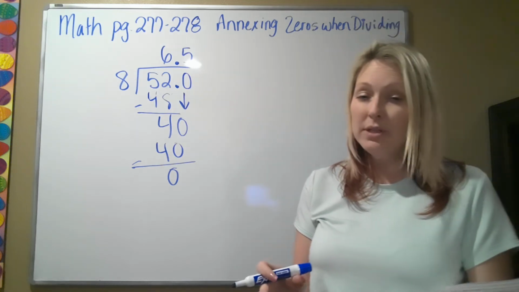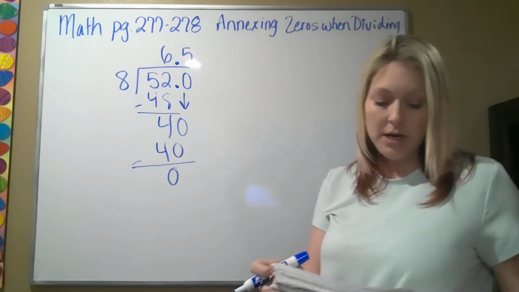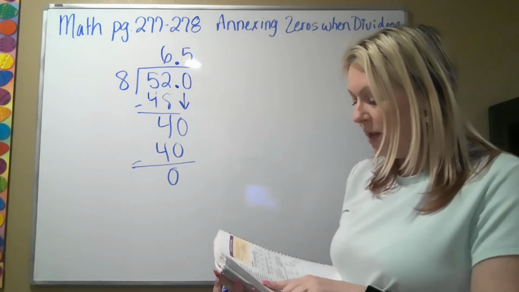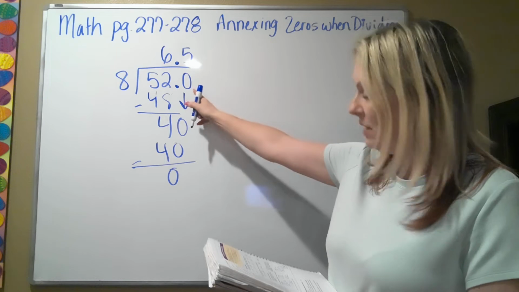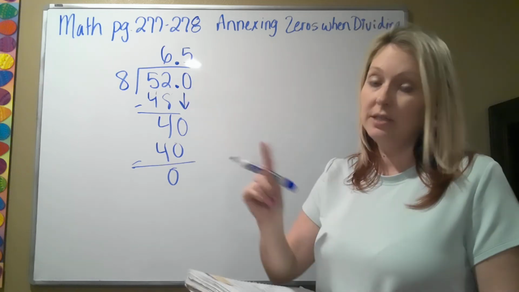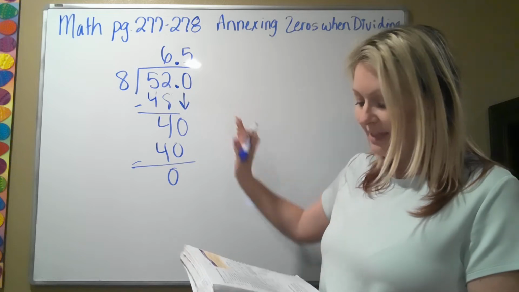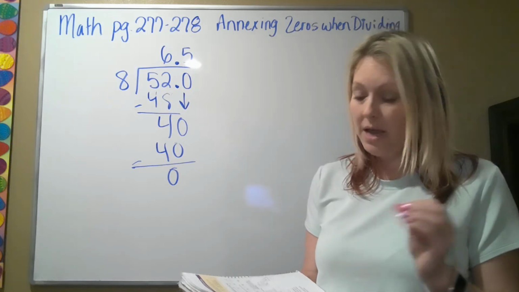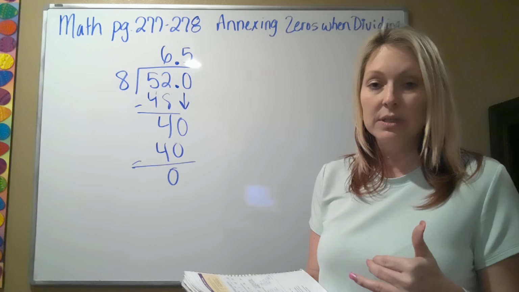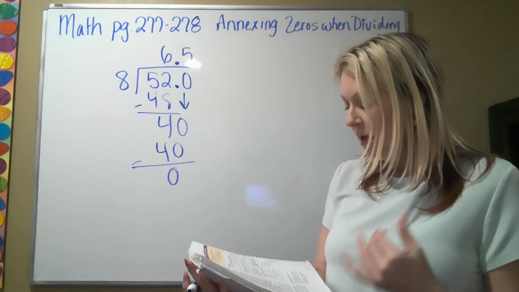Okay, see how this is working now? Let me try another one. Remember that we can place a decimal point after the number because it doesn't change the value, and all the numbers after the decimal place have to be 0. We can't add any other numbers, they have to be a 0, okay?